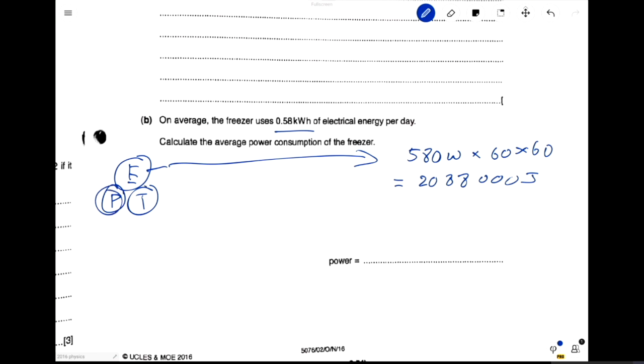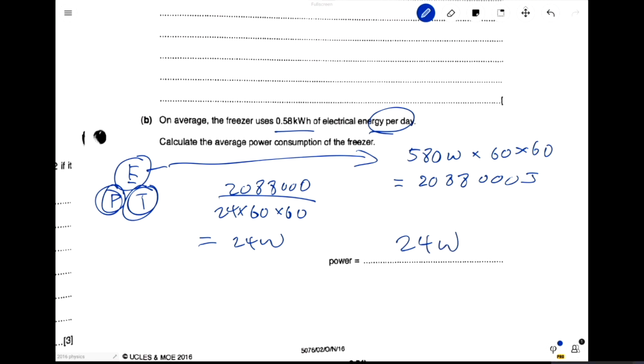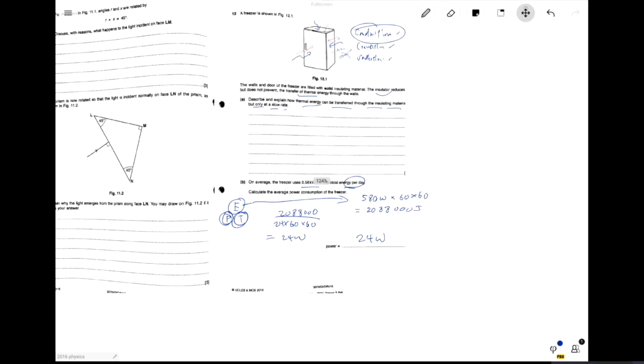To find P, I must divide by T. So I take 2088000 divided by 60 times 60. This is per day, so I must times 24. Remove all the time. I'll get about 24 watts. Not an easy calculation.